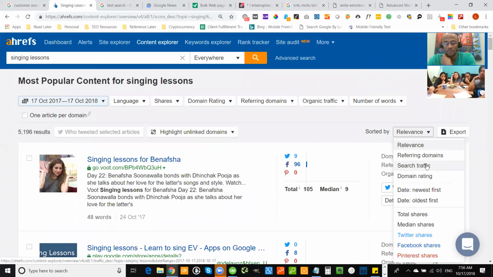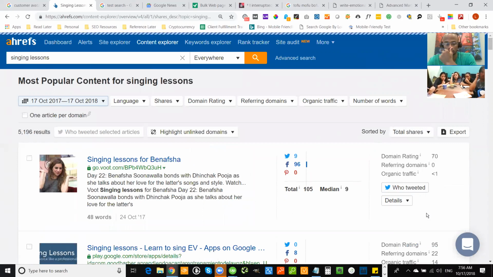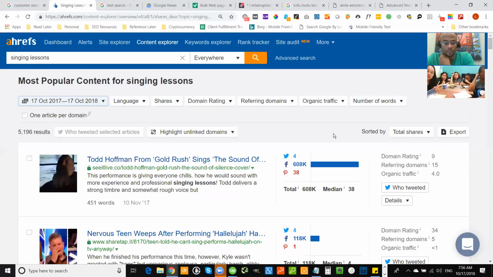Actually, let's sort by total shares. Which of these is most popular on social media? The first article at the top. Yep. Once we sort by total shares, these are the shares combined from Pinterest, Facebook, and Twitter.